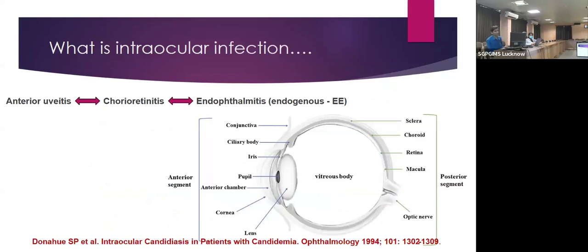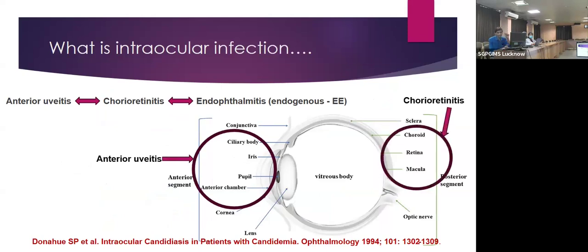Now, intraocular infection can be in the form of anterior uveitis, that is, if the ciliary body, iris, pupil, or anterior chamber is involved. If anything happens to the choroid, retina, or macula, that is chorioretinitis or posterior involvement.